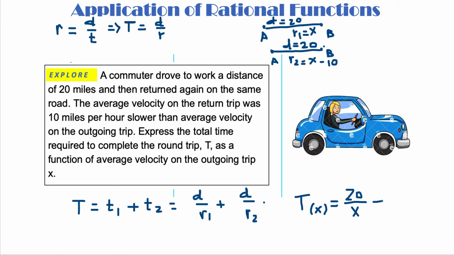Here is a plus, and in the second part d is 20, the same constant. When she comes back home, it is the same distance. And here, r2 is equal to x minus 10, because the velocity is 10 miles per hour slower than it was when she went from home to work. And we can write minus 10. So this is the rational function that we can write in this case.